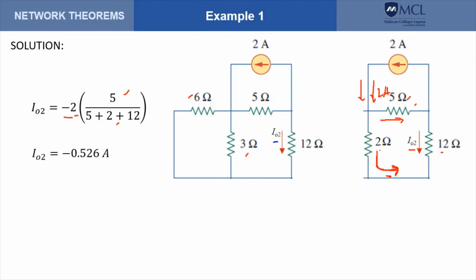So that will give us that current, which is the current due to the 2 ampere source. Now we can combine the effects of the two sources. So this is the current due to the voltage source only, plus the current to the 12 ohms due to the current source only, and that combination will give us this answer.